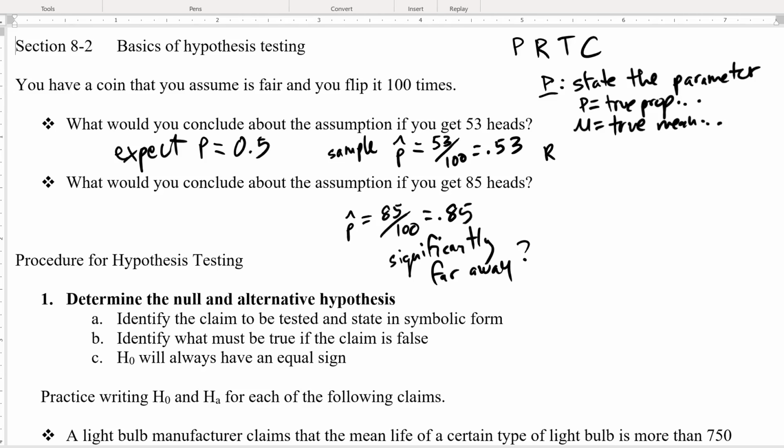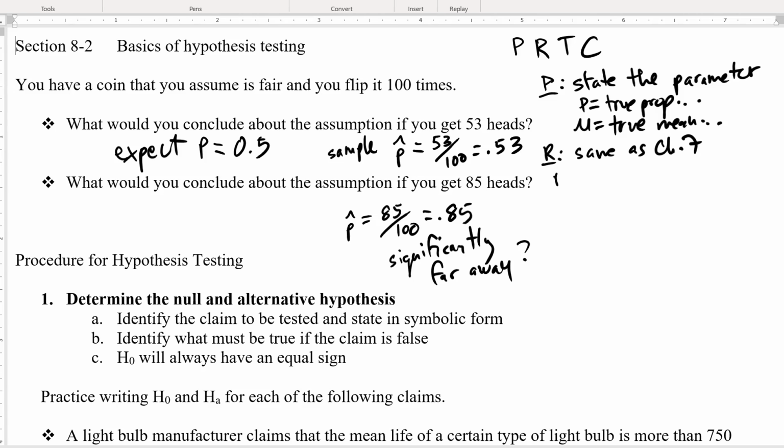The requirements are basically the same as chapter 7. So once I've defined whether I'm doing a proportion or a mean, if it's a proportion, check the requirements for proportions. If it's a mean, check the requirements for means. It's the same as before.